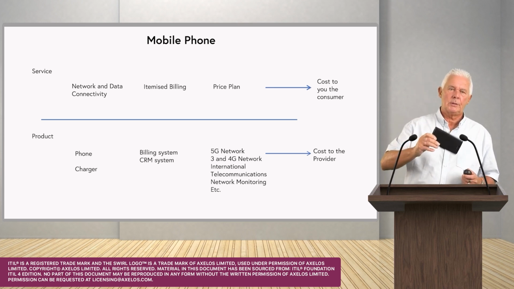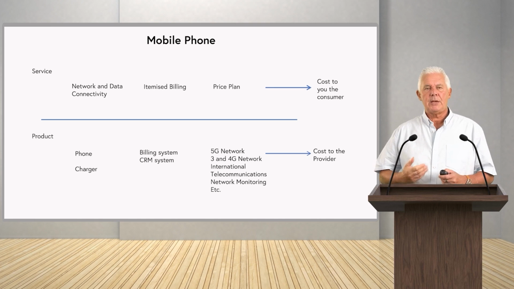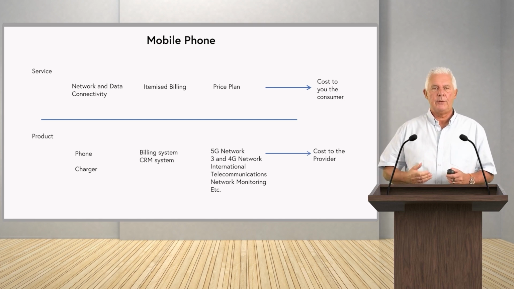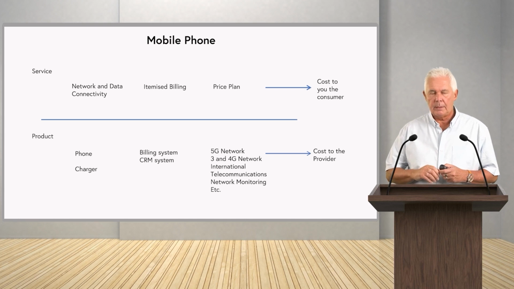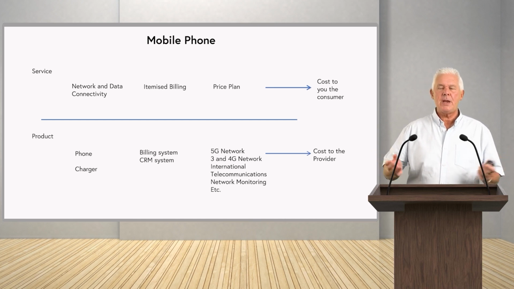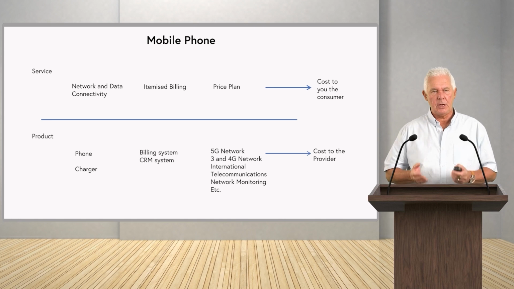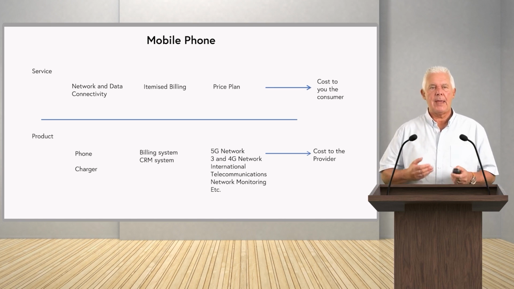When you purchase a new mobile phone, maybe you go into a contract with a mobile service provider. The phone itself at that point, once you open the box and take it out, actually isn't really of much use. It only becomes useful to you when it's connected to the network, when you get the connectivity for the service.